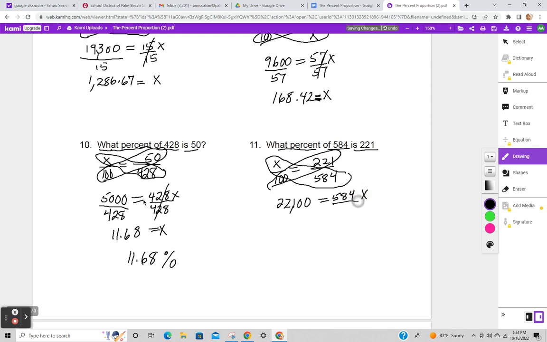We'll divide both sides by 584 to get x by itself. And we'll get x equals 37.84. So that's 37.84%. And I'm rounding to the nearest hundredth in this problem and in this lesson, as a matter of fact.